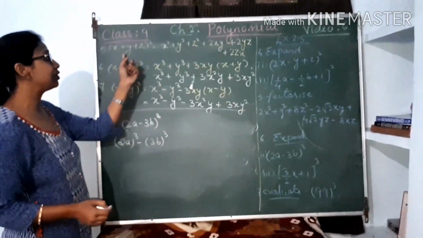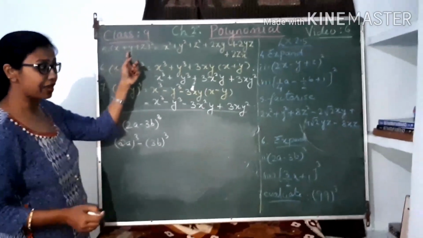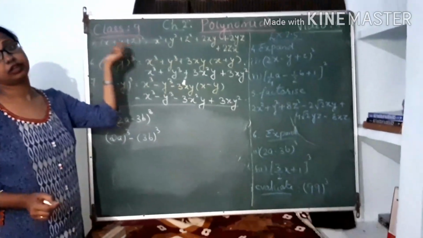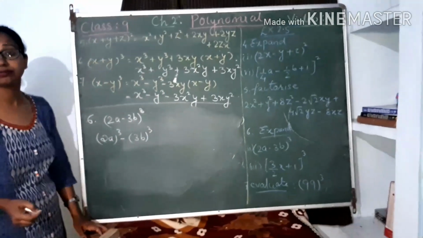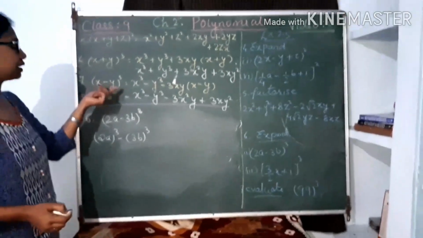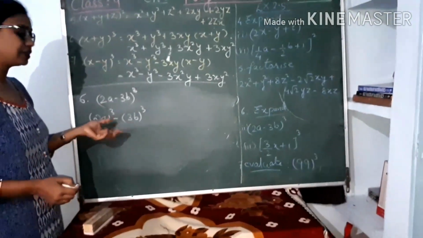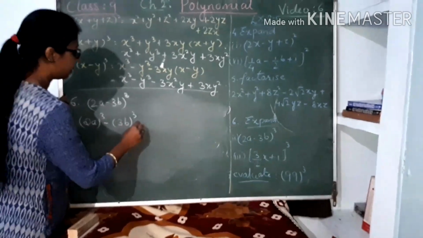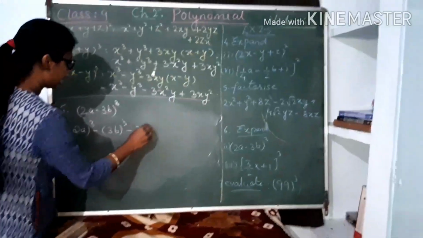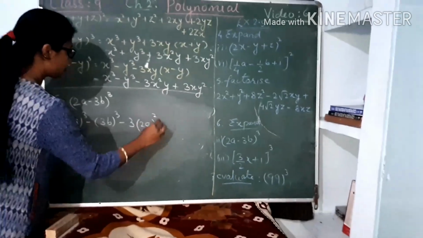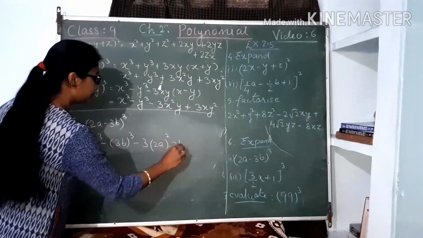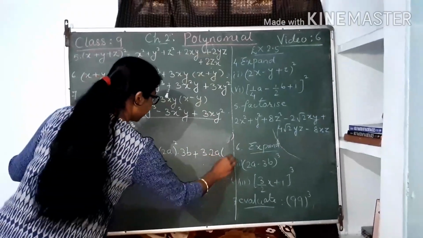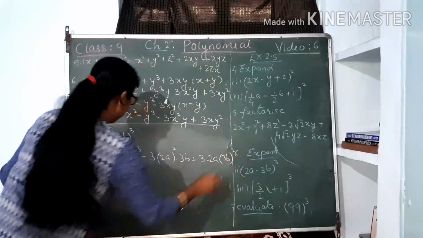But when you apply identity number 5, we take care whether the first term, second term or third term consists of negative terms or not. But we are using the negative sign specifically here, so no need to give the negative sign. 2a cube minus 3b cube minus 3 into 2a square into 3b plus 3 into 2a into 3b square.